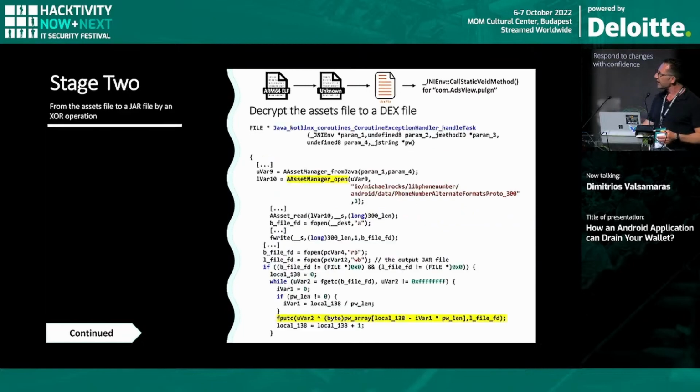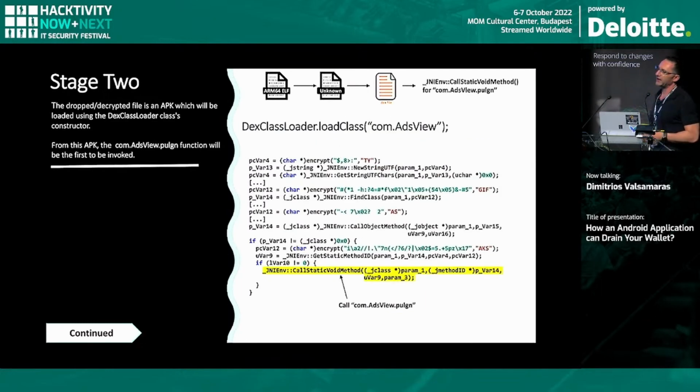So when everything gets decrypted, the next step is to do the same process, but from the native layer. Now get, again, the assets folder and search for another payload. Now this payload is the one I show here, which ends with 300. And if this payload is there, XOR it in order to get a DEX file.